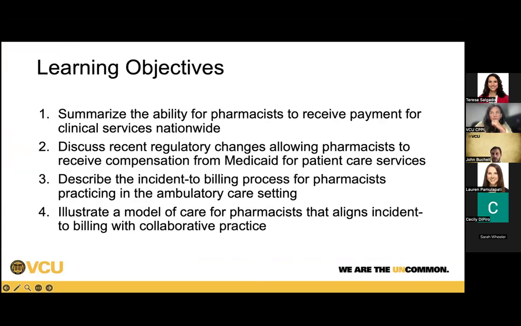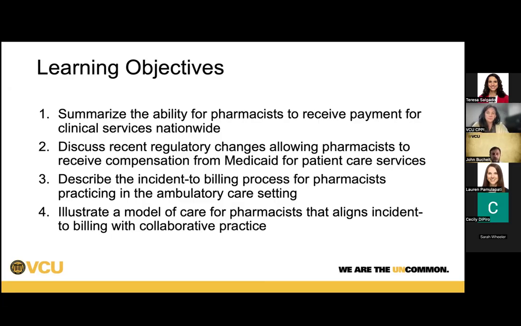So initially, we're going to start off by briefly touching on the nationwide landscape of pharmacist billing here in the United States healthcare system and what the differences are state by state. We're going to zoom in a little bit more to see what's been happening in Virginia.